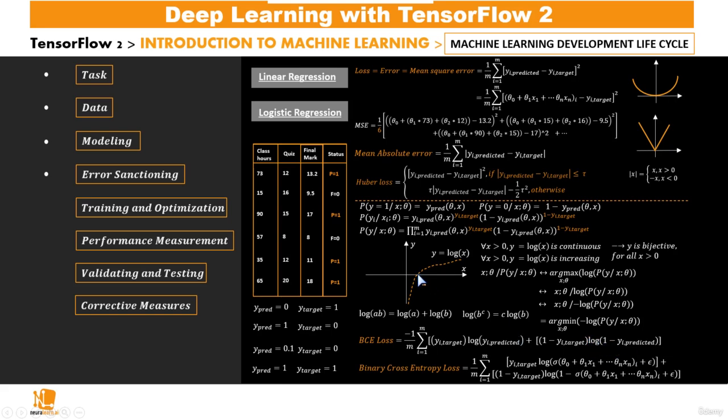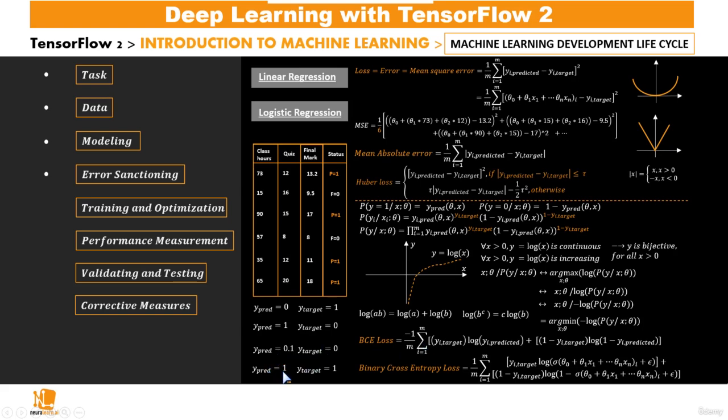So this point here is where we have x equals 1. Since log of 1 is 0, log of 0.9 should be almost 0, although not exactly 0. It gives us a negative value which is almost 0, and the negative value times this negative here gives us a positive value. So whenever our model predicts y to be 0.1 when the target is 0, it is not sanctioned very much because it's almost the right answer.